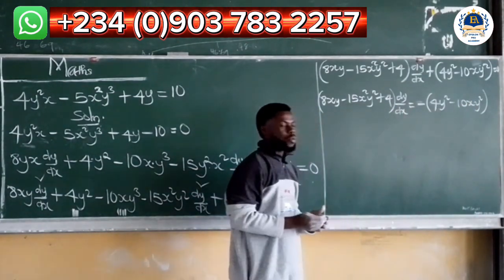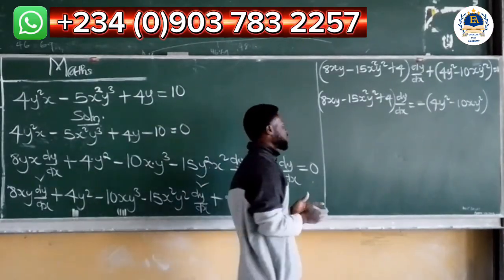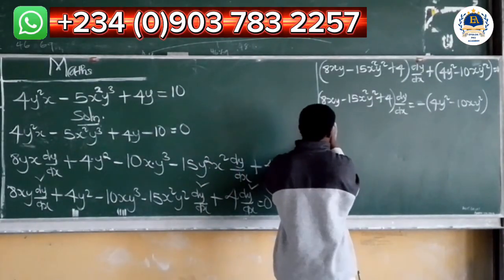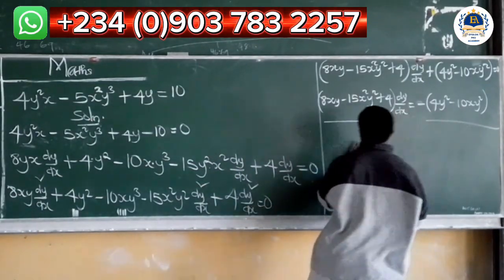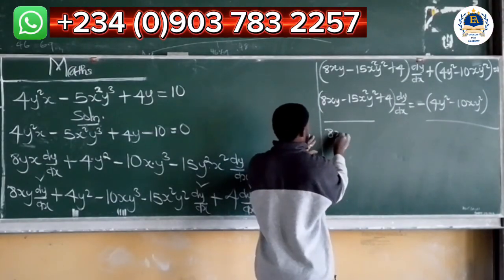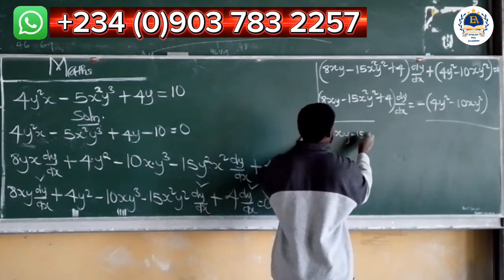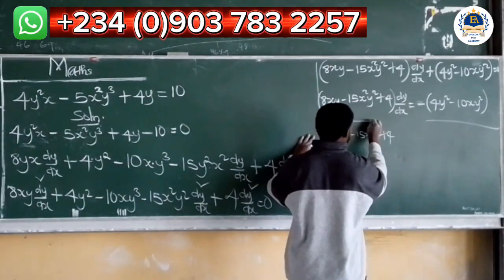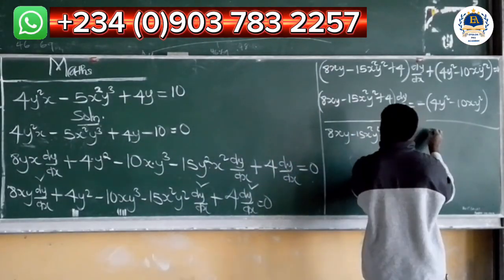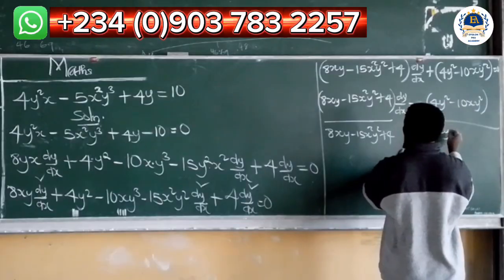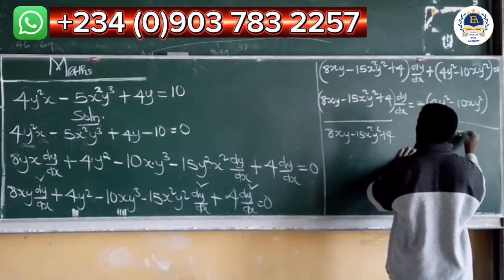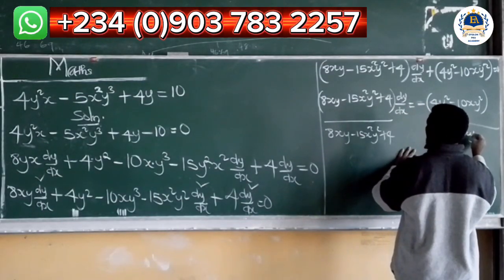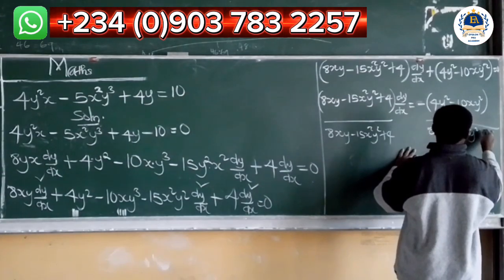Now we have to divide both sides by the coefficient of dy over dx, which is 8xy minus 15x squared y squared plus 4.